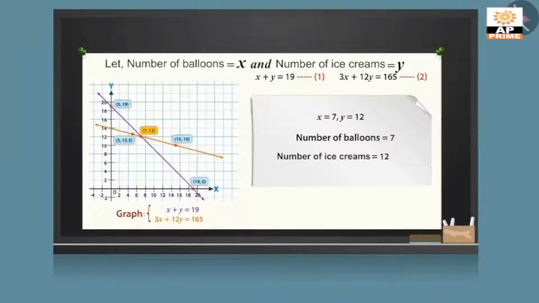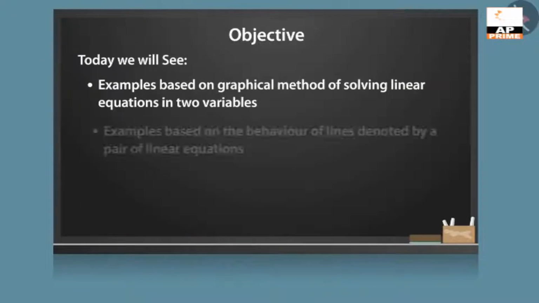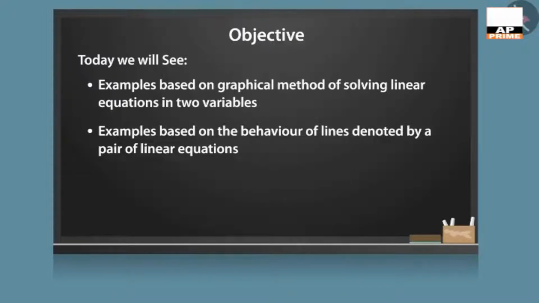In our previous video, we studied the graphical method of solving a pair of linear equations in two variables. Today, in this video, we will see some examples based on the graphical method of solving a pair of linear equations in two variables and the behavior of the lines denoted by the pair of linear equations.